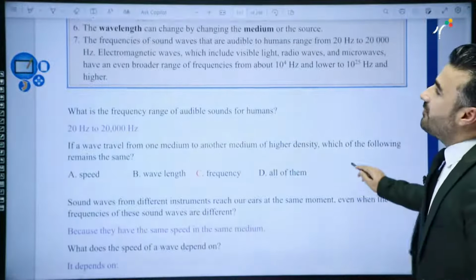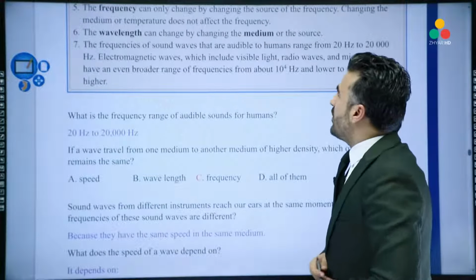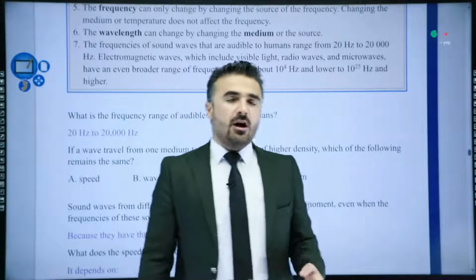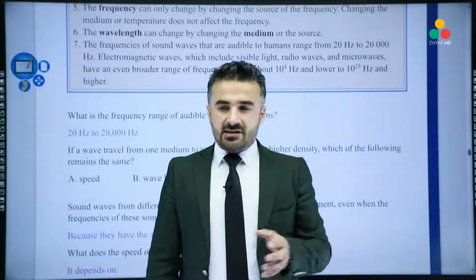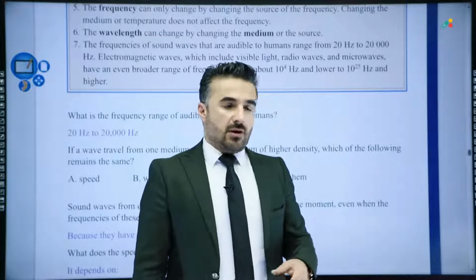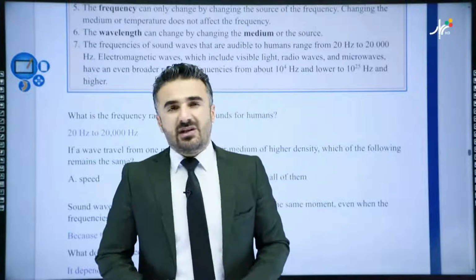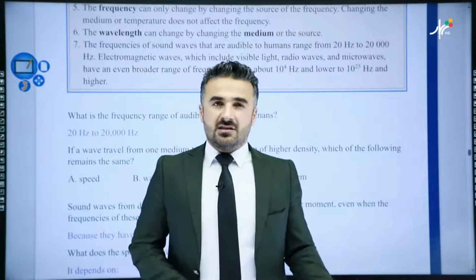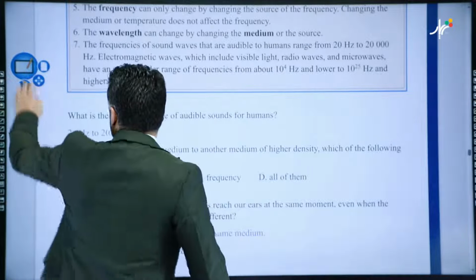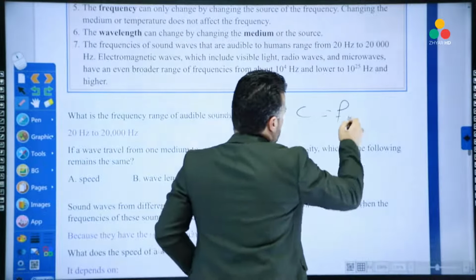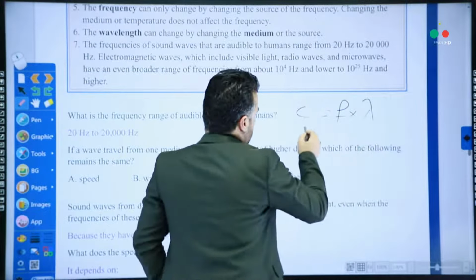And then the wavelength can change by changing the medium. For example, if we talk about the speed of light, you do know that when it goes from air into water or into glass, the speed slows down. We said the frequency doesn't change. So speed of light equals frequency times the wavelength, that is in air.